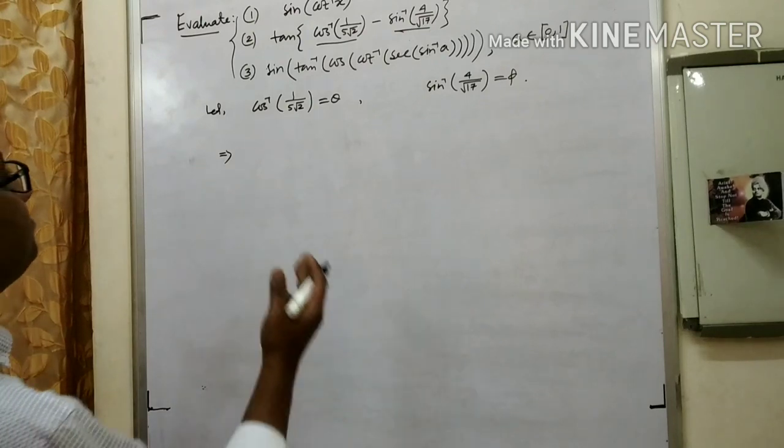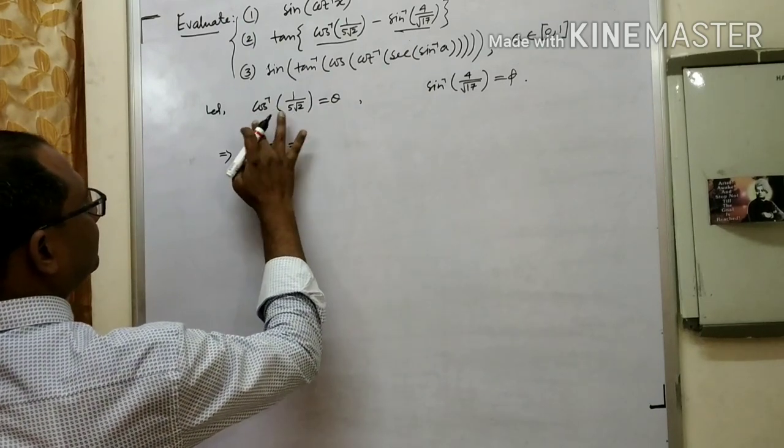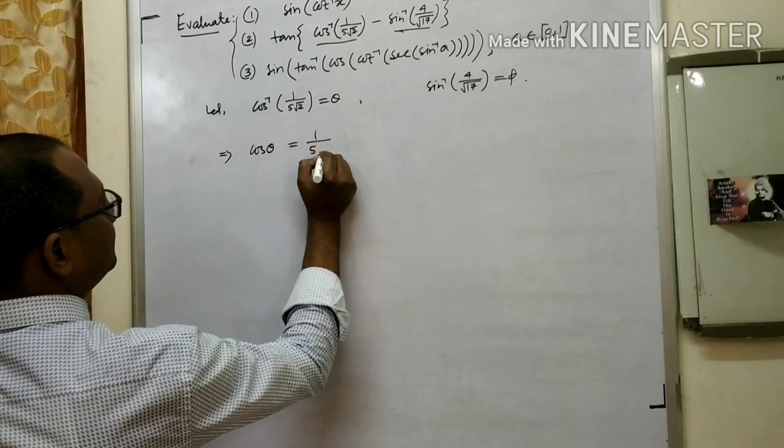Let me convert into tan. Cos theta will be equal to 1 by 5 root 2.